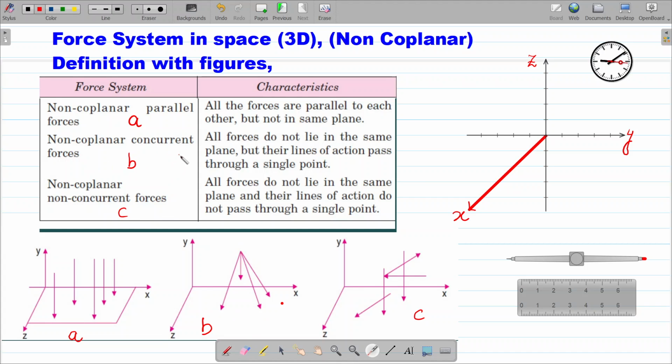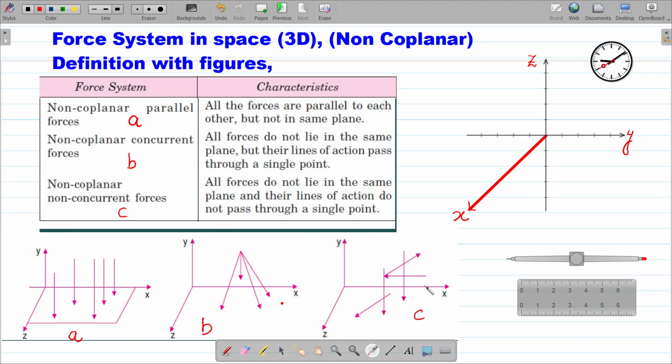And last but not the least, the C, is non-coplanar non-concurrent forces. How will you define it? All forces do not lie in the same plane, and their lines of action do not pass through a single point. So this is different. All these forces are not lying in the same plane.